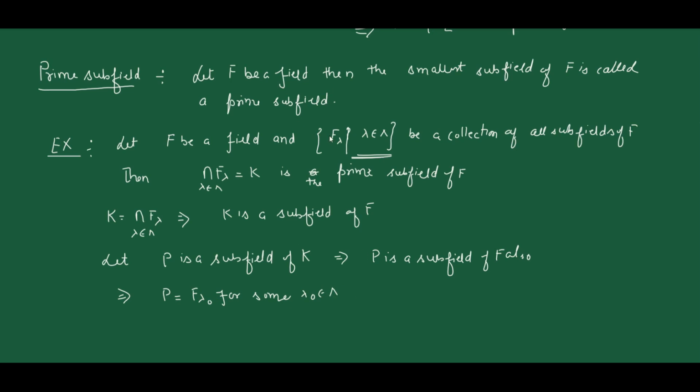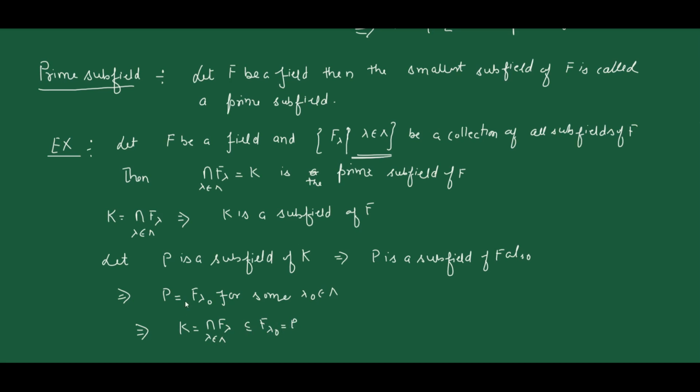It means P is one of the members of this family, but K is the intersection of all these members, and you know that the intersection is contained in each individual member.